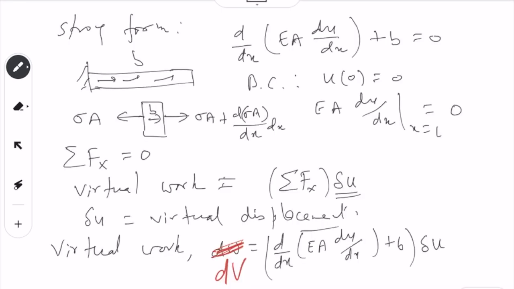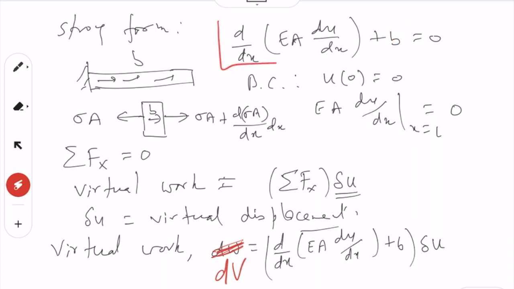So we can replace this delta u with zeta w here. One thing also to remember: b, for example, is force per unit length.